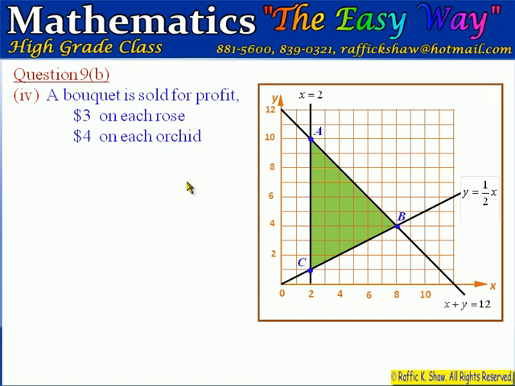Now, in part 4, we are told that bouquets are sold for profit, such that there's a profit of $3 on each rose and $4 on each orchid.